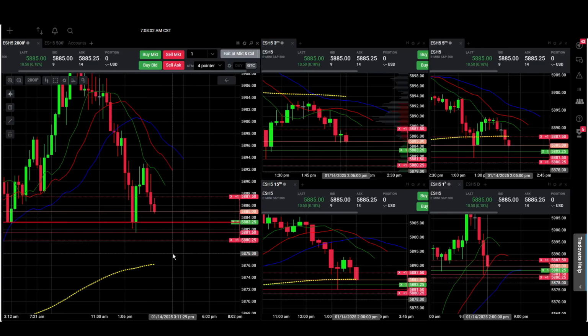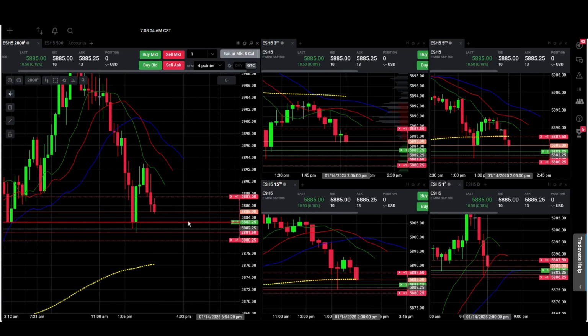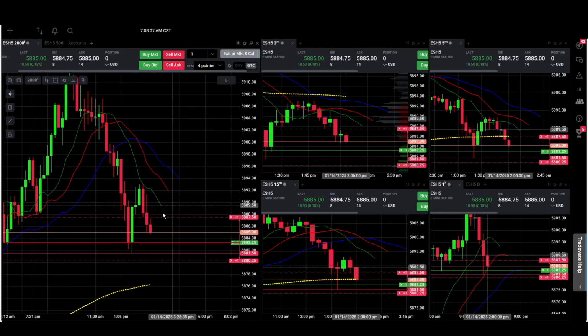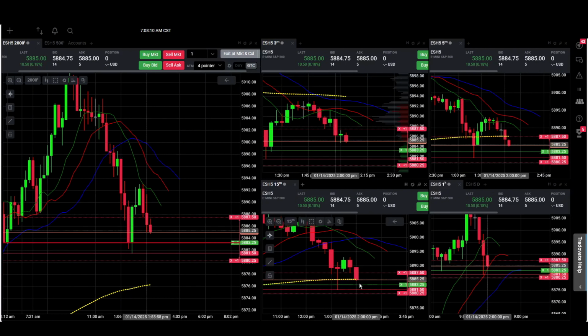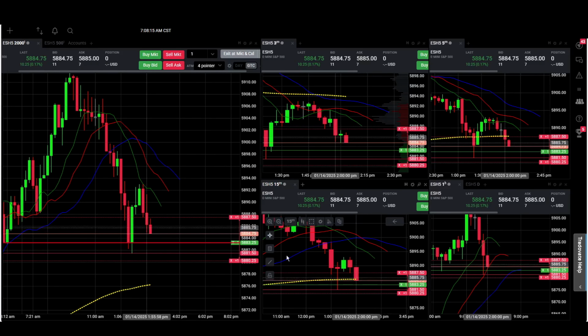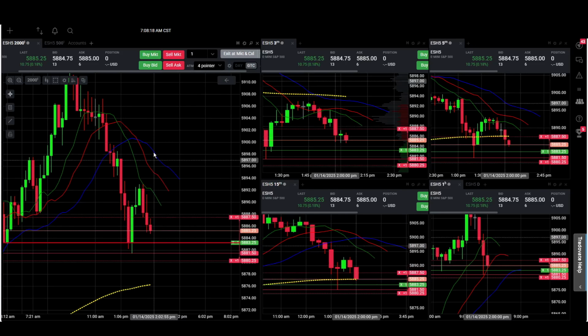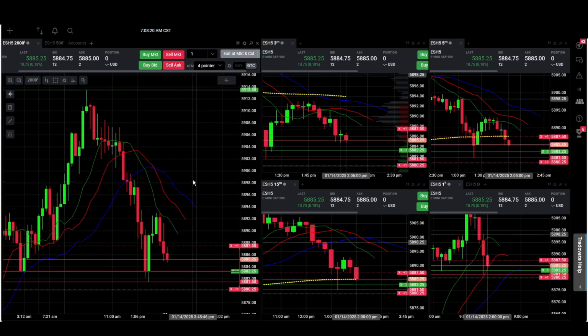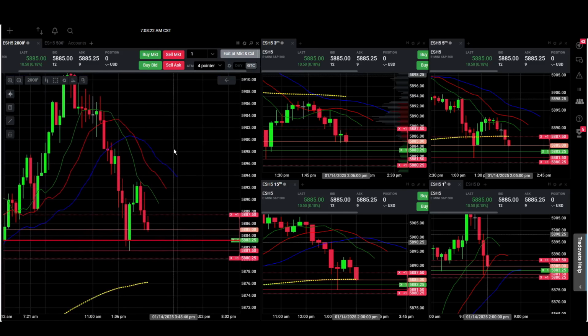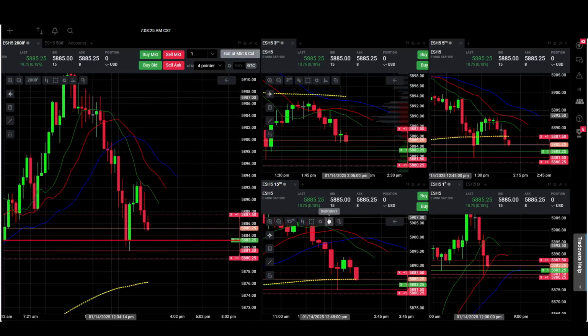So let's just keep it that way. And if the price turns and goes up without me, like in the case where we should have bought at the 200 EMA of the 15-minute chart, I will buy this on the breakout strategy on the 2000 tick chart. So let's see what actually happens.